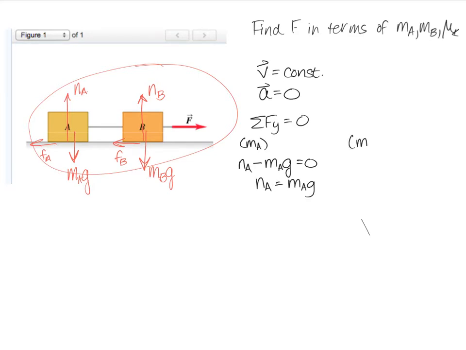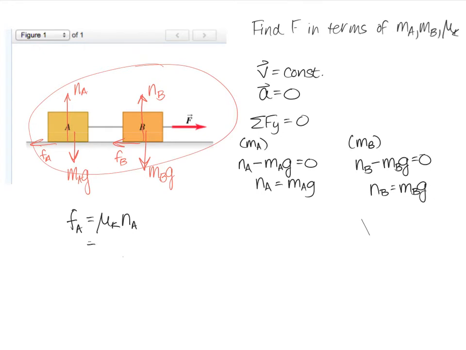We can do the same thing for mass B. And so both of these normal forces are equal to the weight. That happens a lot, but we never should assume. We should also always try to figure it out. So we're going to use the normal forces because the frictional force is always the coefficient of friction times the normal.